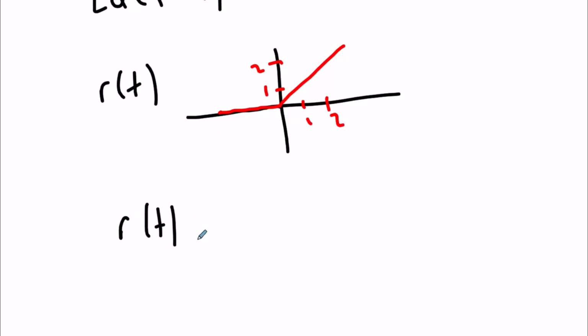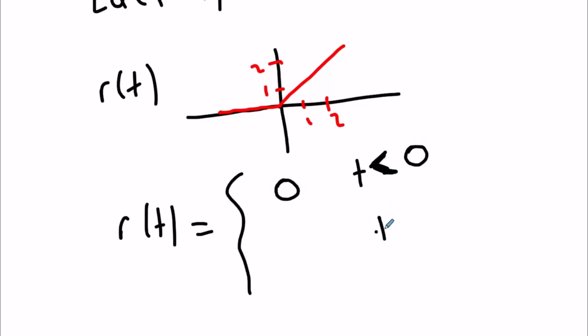Let's show this RT as a piecewise function. RT equals 0 for t lower than 0. RT equals t for t greater than 0. So if t equals 1, it is equal to 1; if t equals 2, it is equal to 2. This is the most common RT. It is sufficient for us to write this most often in MATLAB.